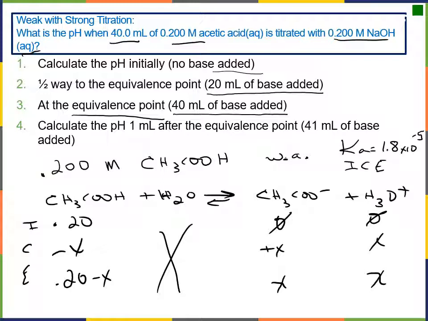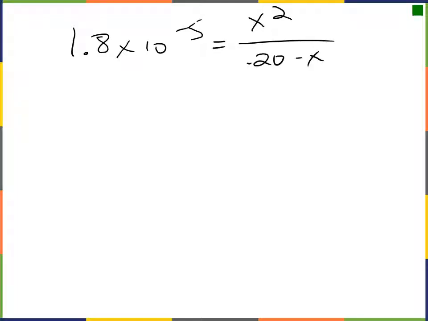And if we keep going on this, we can plug it into the equation and we can solve for our pH. So plugging this into our equilibrium expression, we're going to get 1.8 times 10 to the minus 5 equal to x squared over 0.2 minus x. We're still going to set that bottom x equal to 0.